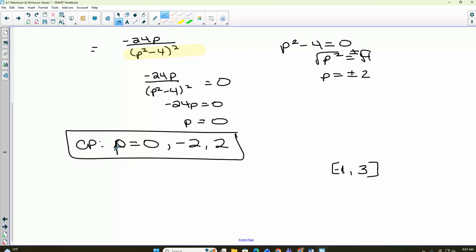What do you notice about my critical points? One of them is not in the interval. If that happens, you just don't test that point. So you would plug in the -1, 0, 2, and 3. You wouldn't have to test -2. So it's possible you get critical points that are not in the interval. You just disregard it. You don't have to test it. All right, questions there?